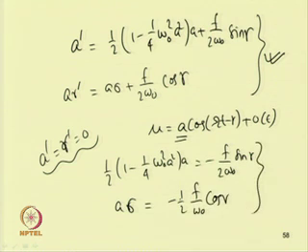Now, by squaring and adding, we can get this equation. So, let us take one term, that is rho equal to 1 by 4 omega 0 square a square.